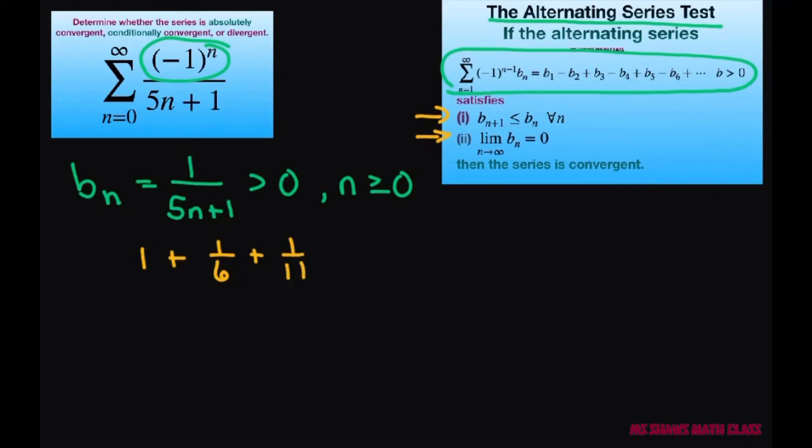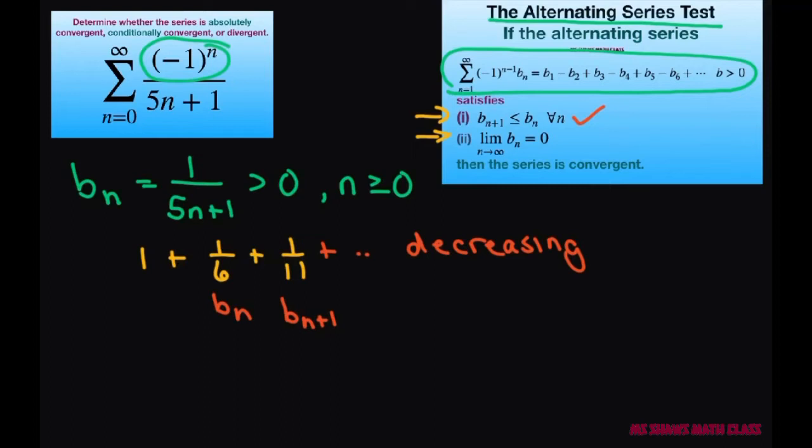So basically what this says is that our b sub n plus 1 is smaller than our b sub n. That means this is decreasing for all n. So this checks out.